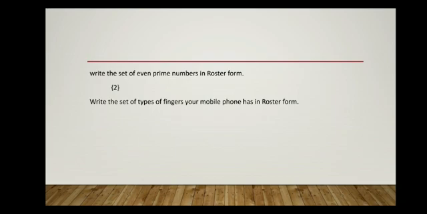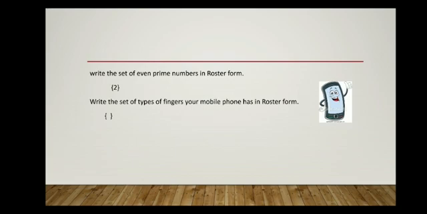See this question. Write the set of types of fingers your mobile phone has in roster form. So we have to list down the elements of types of fingers your mobile phone has. Does your mobile phone have any finger? No, right. A mobile phone is a non-living thing. It doesn't have any finger. So there is no element in this set. If the set has no element, we represent it using empty curly brackets.